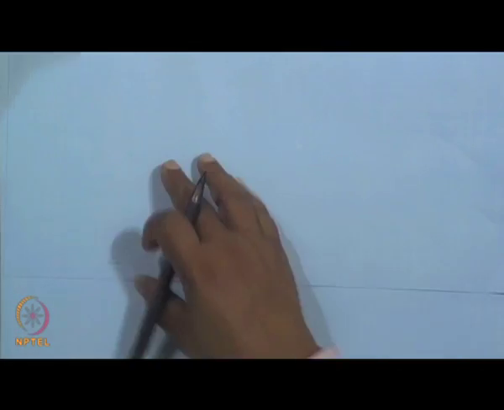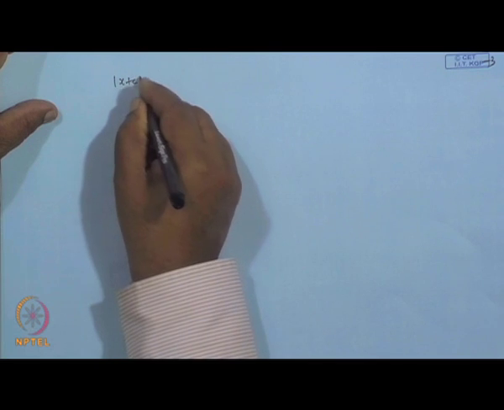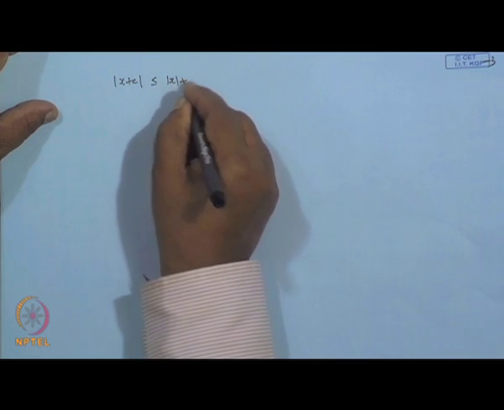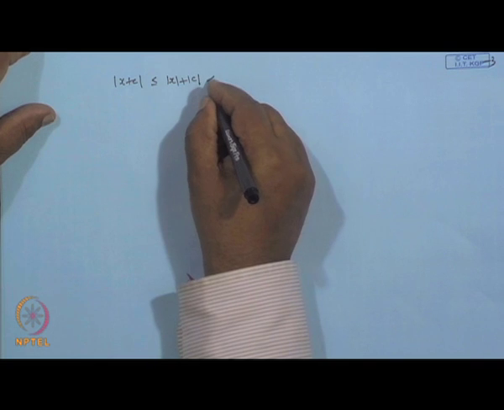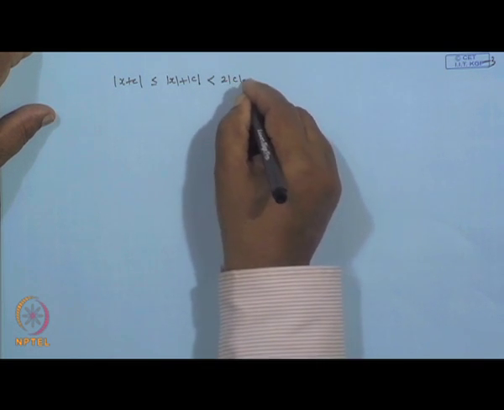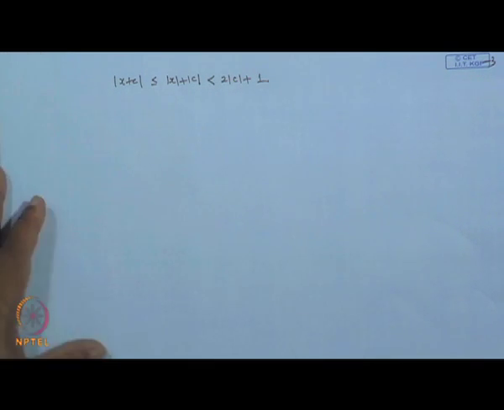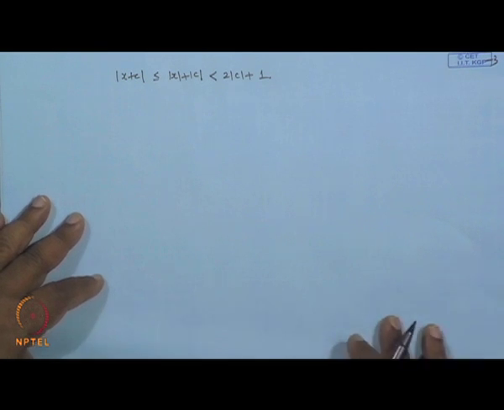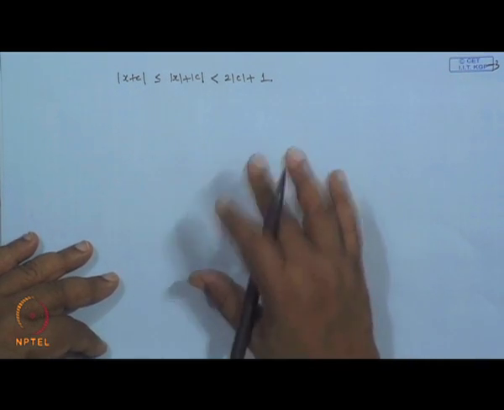Therefore, mod x plus c is less than or equal to mod x plus mod c, but mod x is less than mod c plus 1. This we get from here, just by manipulation, so that we can get the bound for it.